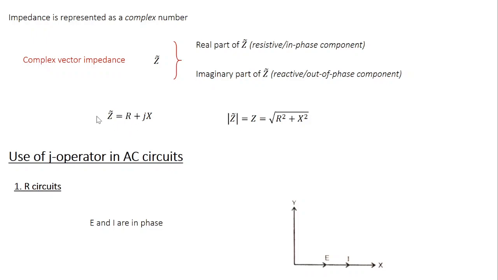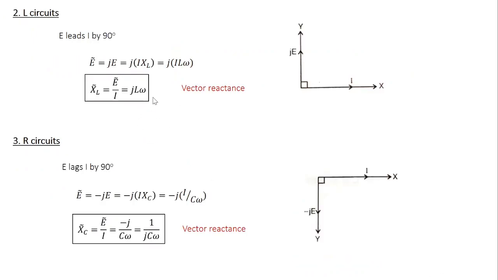So basically I am looking at a number which is along the imaginary direction, right? So here I can write the complex voltage E equal to jE, only the imaginary component is here. And voltage E is nothing but current I multiplied by the inductive reactance L omega.